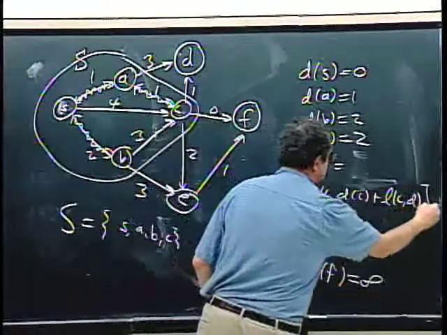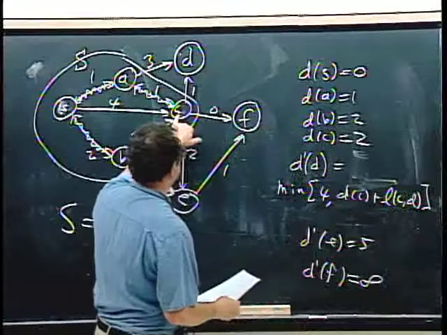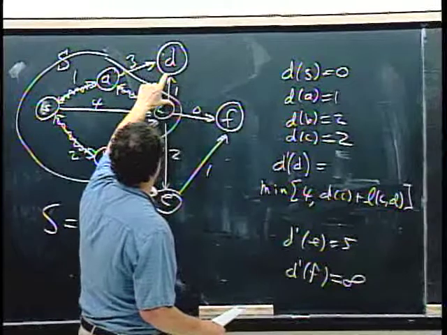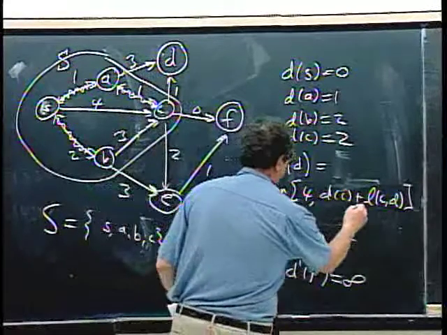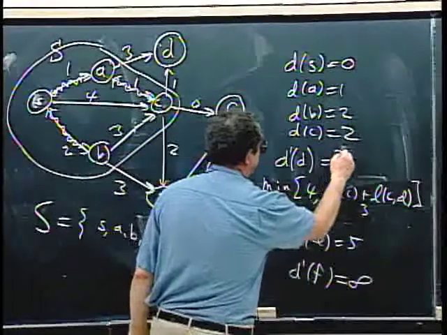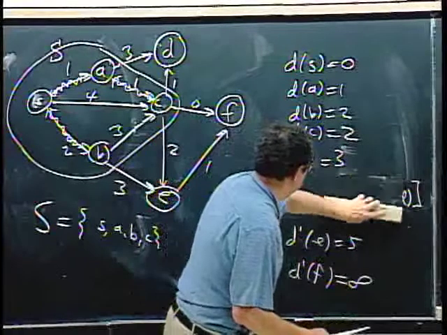And in this case, the distance to C is 2. The distance from C to D along that one edge is 3. Okay, so that becomes a 5. And the smallest between 4 and 5 is 4, so that gets changed there. And D prime gets updated.